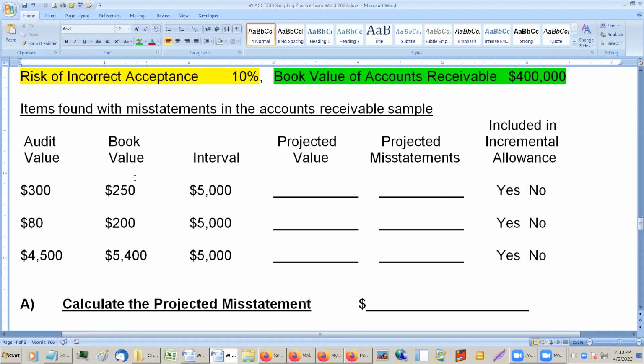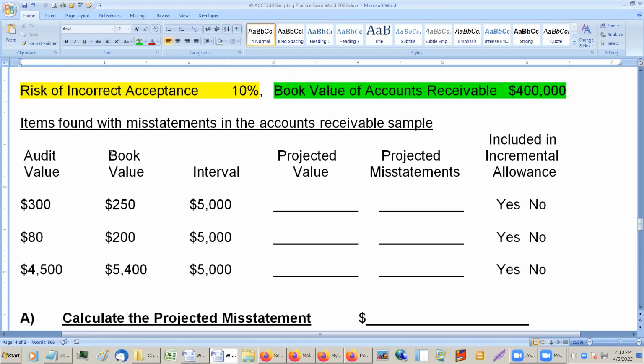All right, so this first one is an unusual one. What's unusual about the first one? Anyone? The audit value is higher. Yeah, this is an understatement.